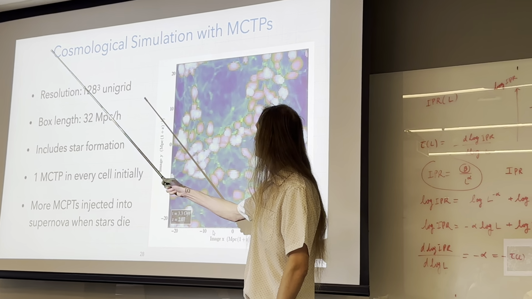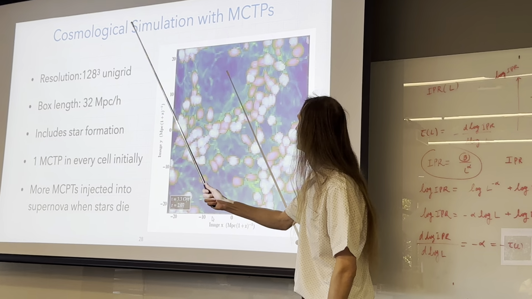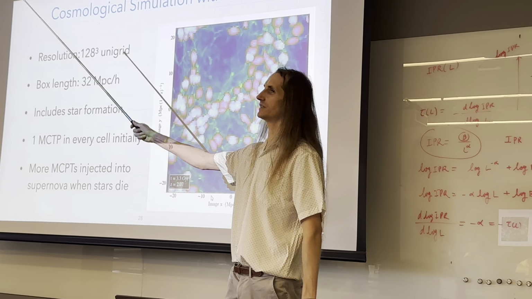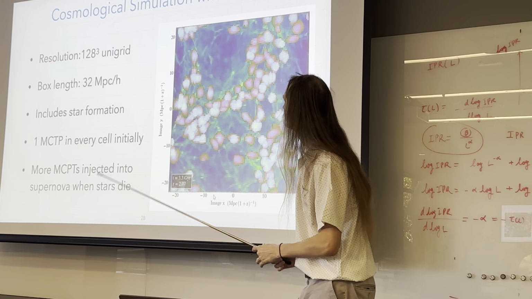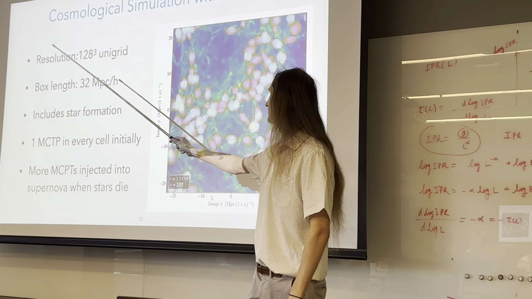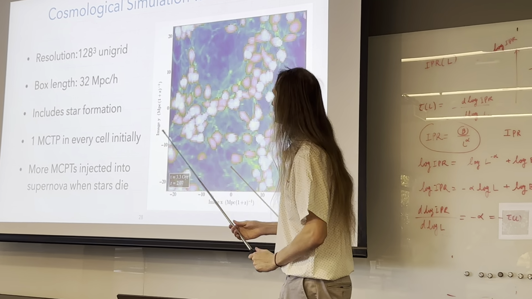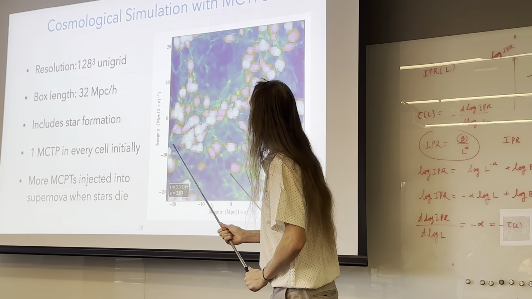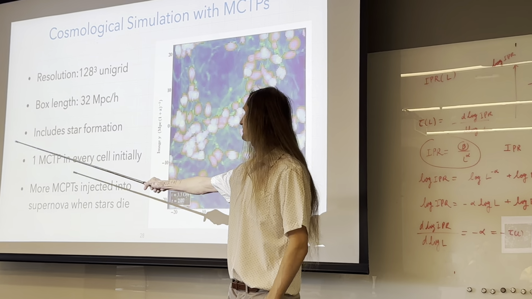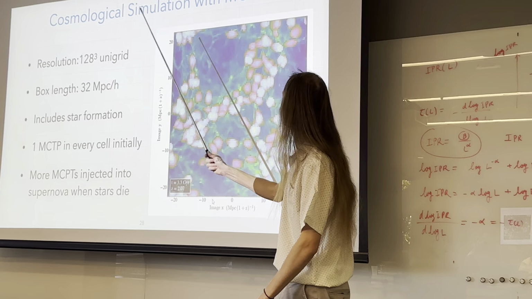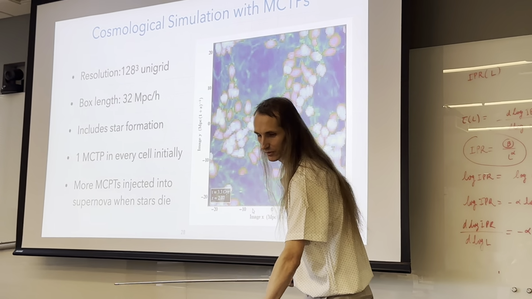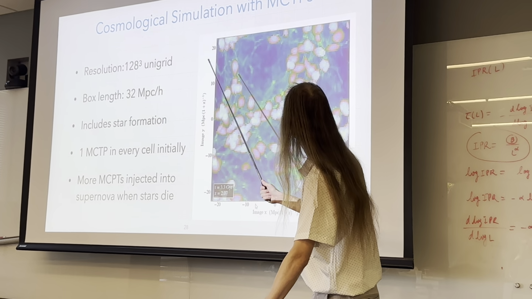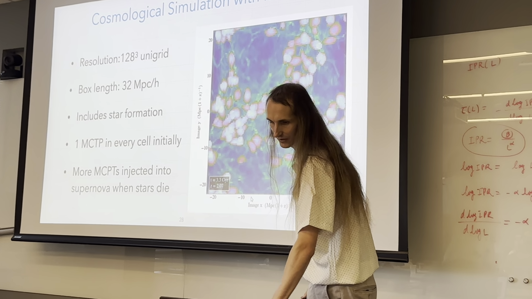This is a fairly low resolution simulation. There's 128 cells per side on the grid. It has a box length of 32 megaparsecs, so this is a pretty big cosmological simulation. Additionally, we include one Monte Carlo tracer particle in every cell in the initial conditions to track the density of the gas. So we have particles for the supernova and particles to track the density, the regular gas.